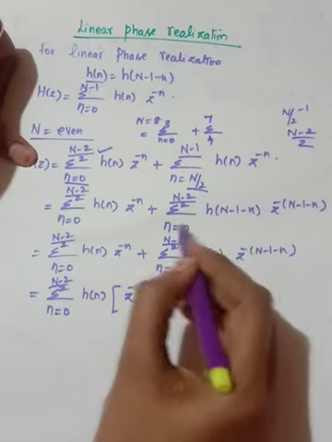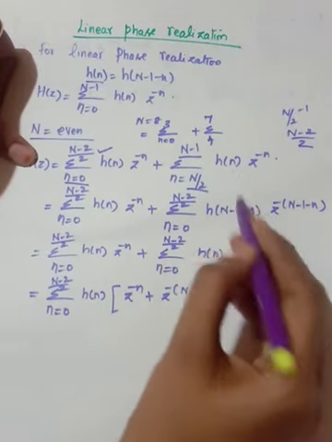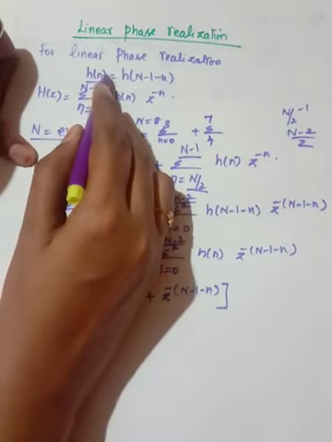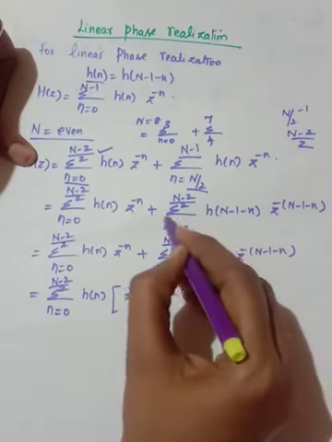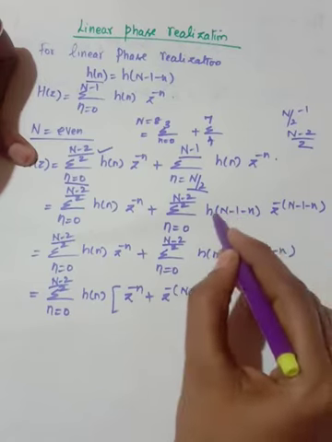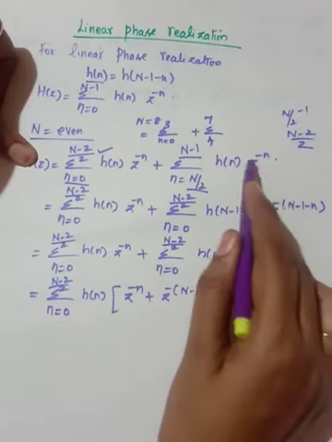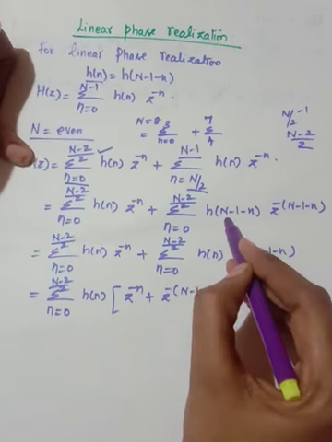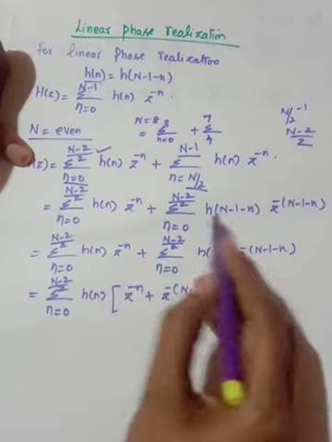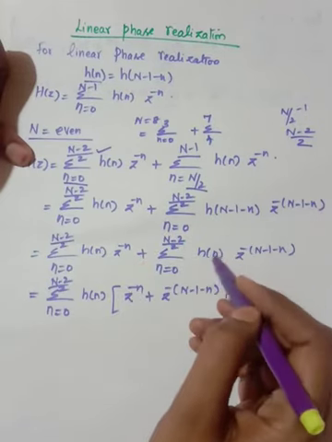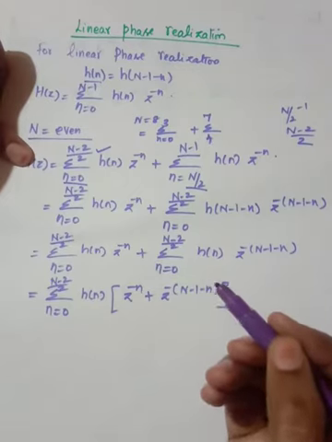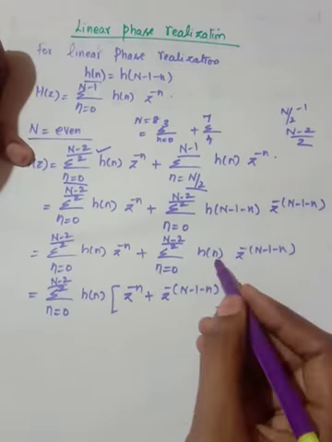I am also changing the summation limits when I use this linear phase symmetric equation, so I replace n with N minus 1 minus n wherever n appears. We also know that h of N minus 1 minus n is equal to h of n; we already discussed this at the start of the FIR filters concepts.